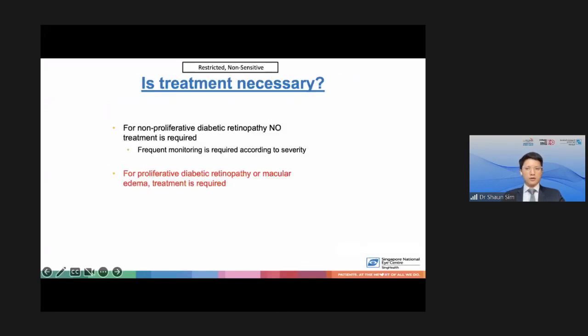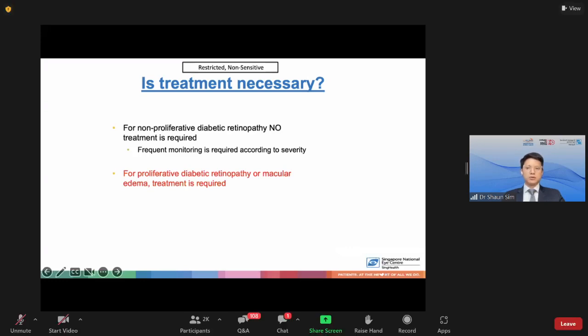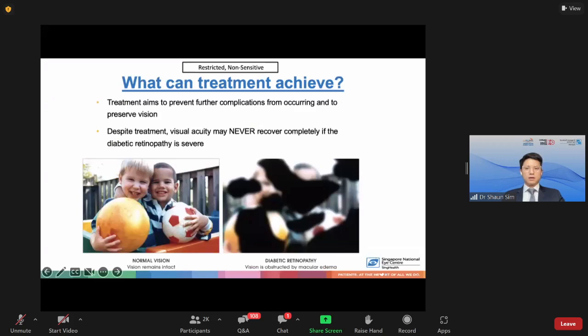For non-proliferative diabetic retinopathy, frequent monitoring is necessary, and we will usually institute treatment once it progresses to proliferative diabetic retinopathy or diabetic macular edema. The treatment aims to prevent complications and to preserve vision.